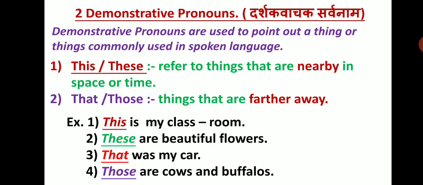Now see this and these. This and these refer to things that are nearby in space or time. That and those refer to things that are farther away.